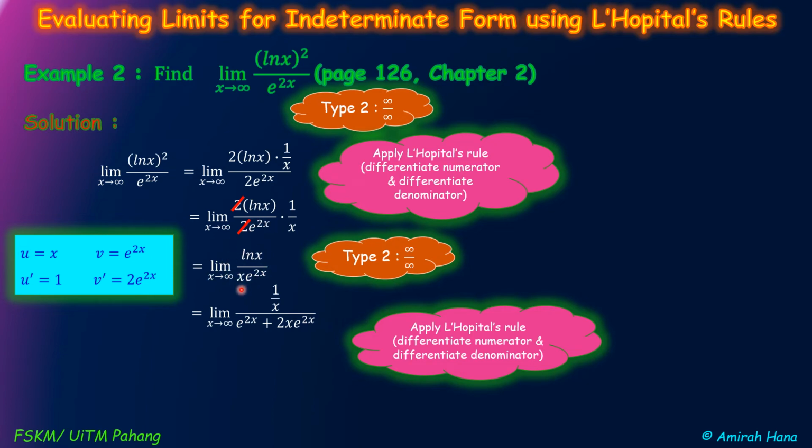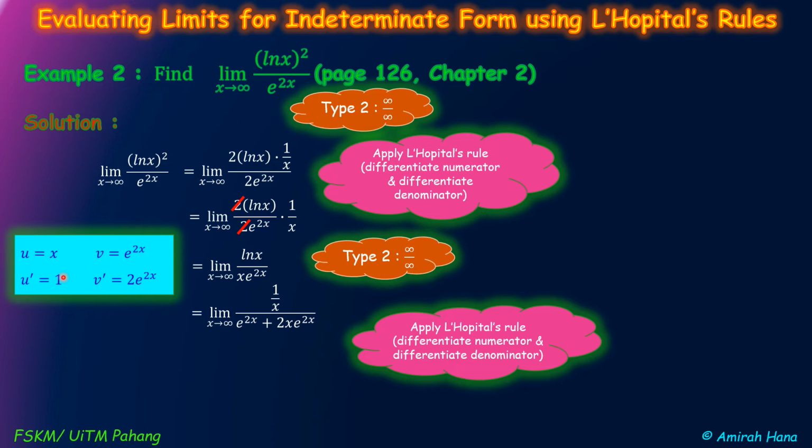Now to differentiate x e to the power of 2x, our u is x and our v is e to the power of 2x. When we differentiate x, it becomes 1, and when we differentiate e to the power of 2x, we use the exponential rule, so the answer is e to the power of 2x times 2. The 2 here comes from the derivative of 2x. After that, we substitute into the product rule formula, v u prime plus u v prime.